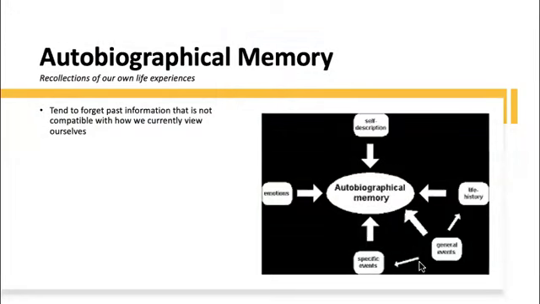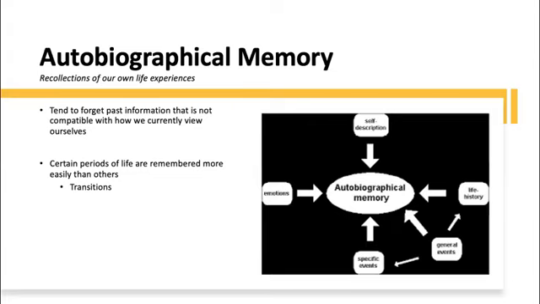And finally, we have something called autobiographical memory. So, this is a recollection of our own life experiences, and the same constructive processes that make us inaccurately recall the behavior of other people also reduce the accuracy with which we recall our own memories. It does happen, right? We don't recall these things with 100% accuracy.